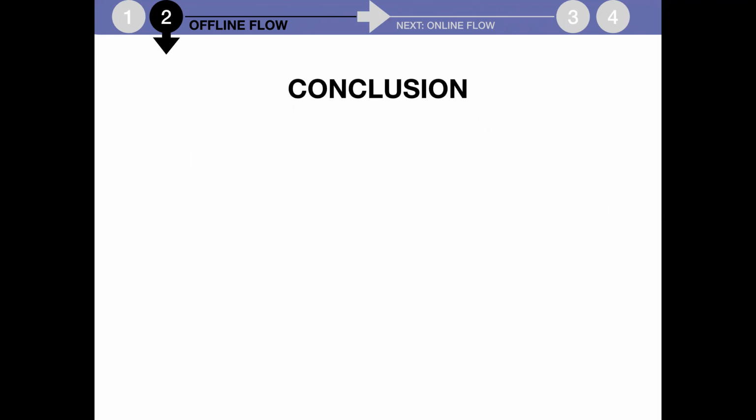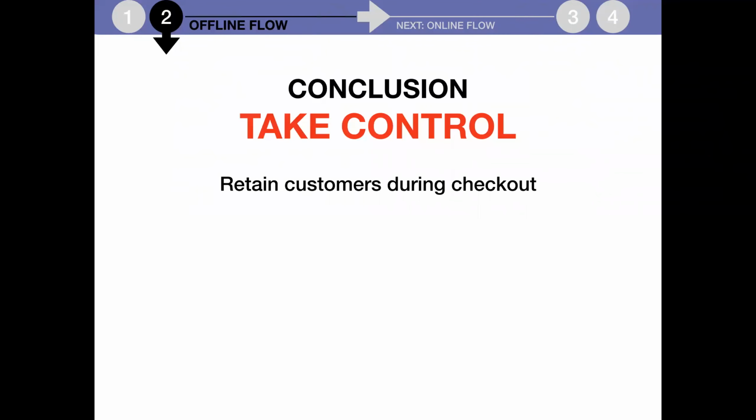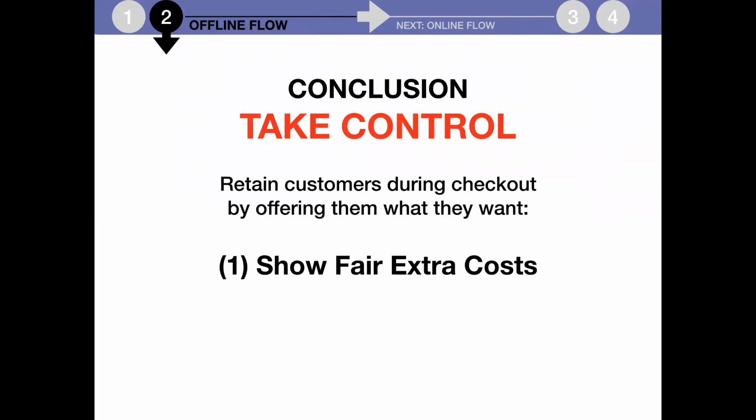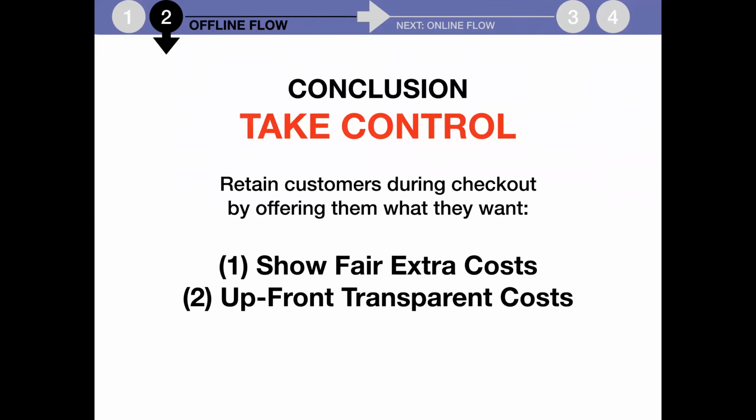We can conclude that you need to take control by retaining customers during checkout. We need to offer them what they want to see, which is, in this case, fair extra costs and upfront transparent costs.